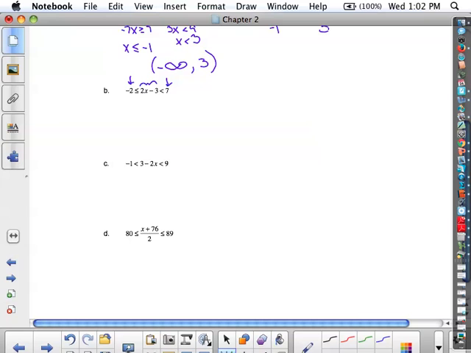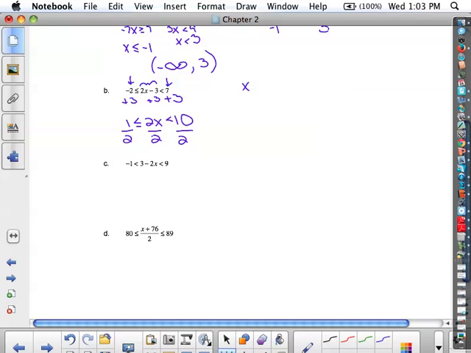So if I want to isolate the x, I have to add 3 to each of those terms. So that's going to give me 1 is less than or equal to 2x, which is less than or equal to 10. I'm solving for x, so I'm going to divide each of those regions by 2.